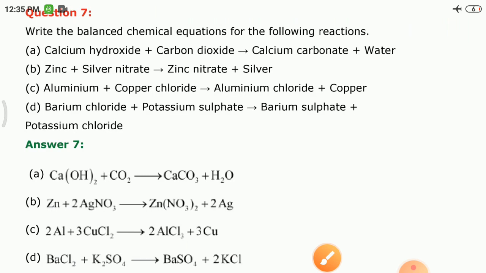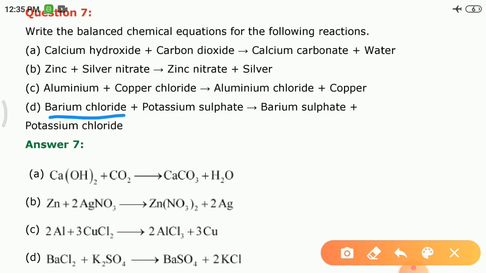D is barium chloride, formula BaCl2, plus potassium sulfate. Potassium is K, sulfate is SO4, so the formula will be K2SO4. Then barium sulfate BaSO4 and plus potassium chloride KCl.